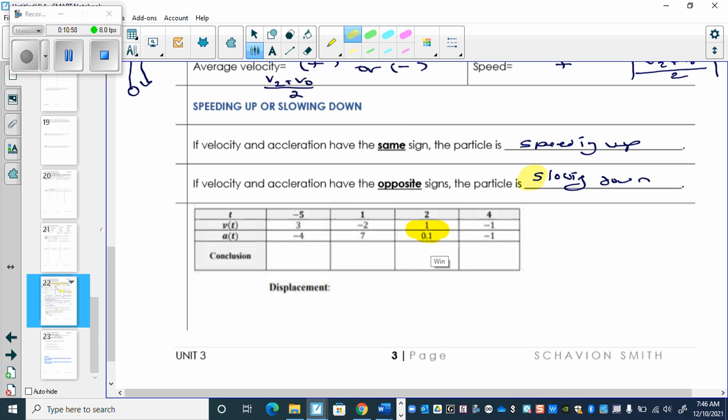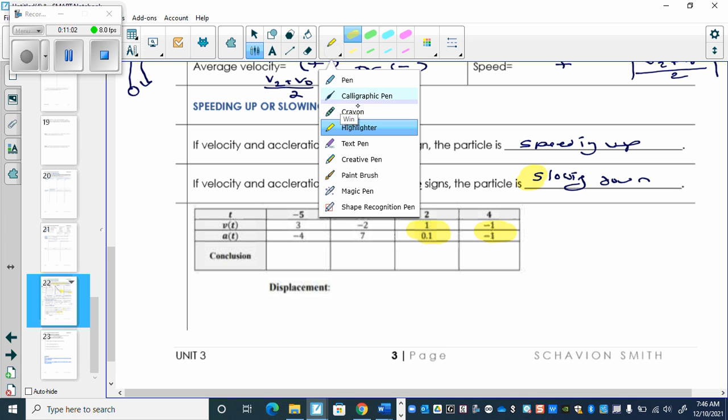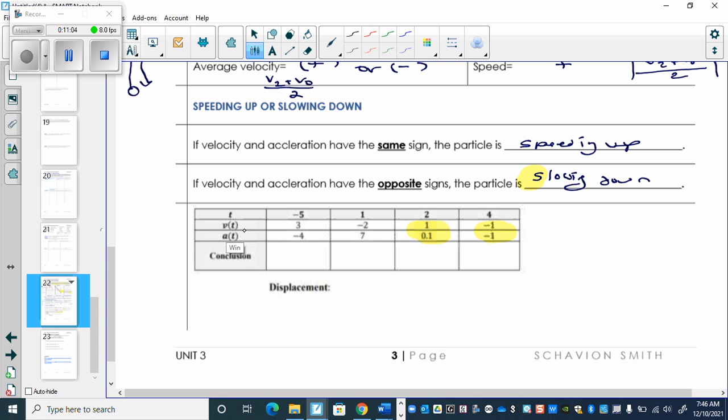These have the same signs, and these do. But this velocity and this acceleration have opposite signs, so it's slowing down. This one has opposite signs, slowing down. This has opposite signs, speeding up, speeding up.